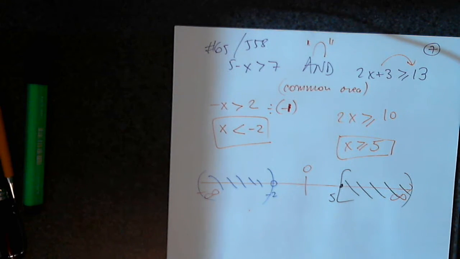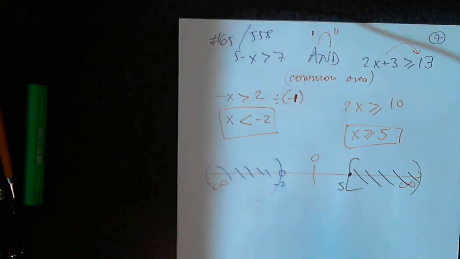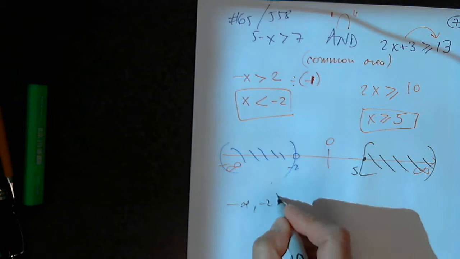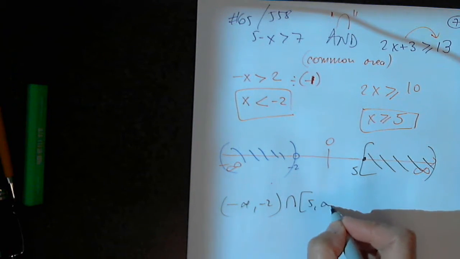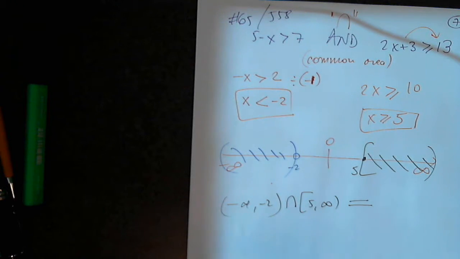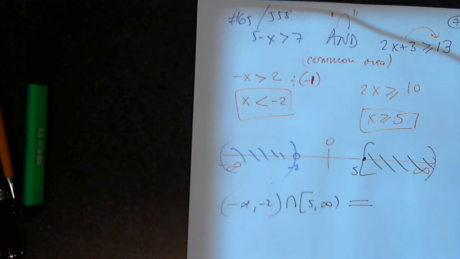And I'm asked to find the common territory or common area, because this is an and. It's an intersection. So if you want to write it, you will write negative infinity, -2, intersected by 5, infinity, and then you must write the final answer. This is not good enough.